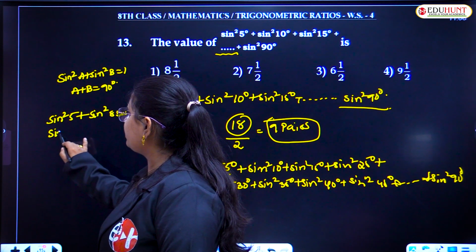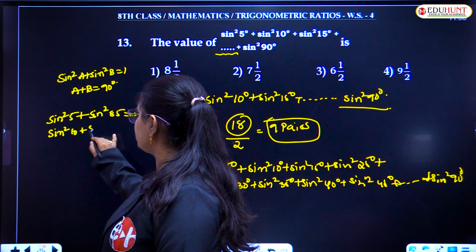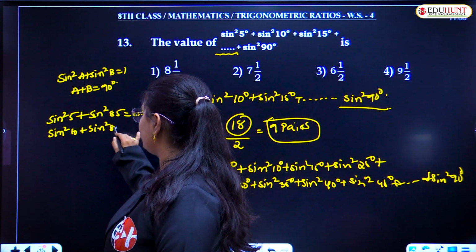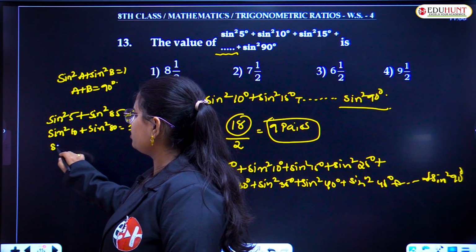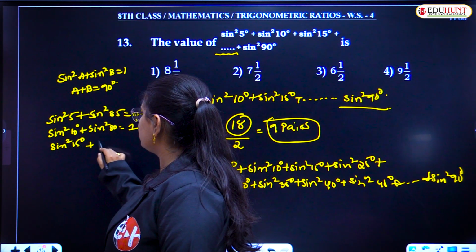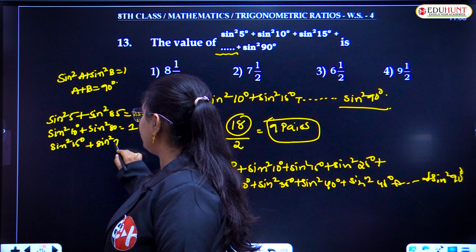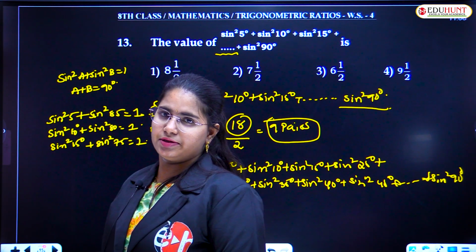Similarly, we can also get the next pair, sine square 10 plus sine square 80 is also equal to 1. What is the next pair? Sine square 15 degree plus sine square 75 degree is also equal to 1 because 15 plus 75 is 90.